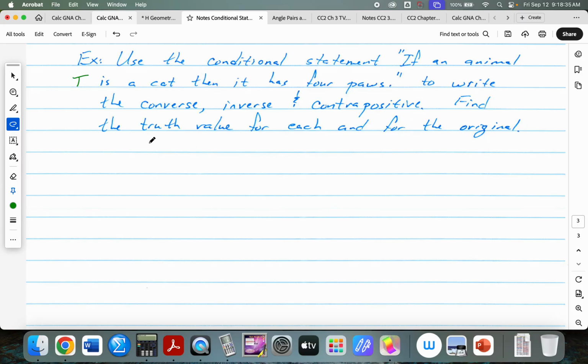All right, so now let's do the converse. If an animal has 4 paws, notice I'm replacing the it with an animal, because that's what it referred to, then it is a cat.